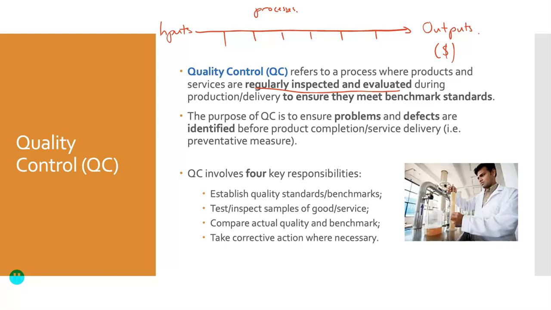And anything that is seen as not meeting the high standards is going to be pulled out of the production line to ensure that there is no defects when a customer gets it. So the purpose of quality control is to ensure problems and defects are identified before the product completion and service delivery.